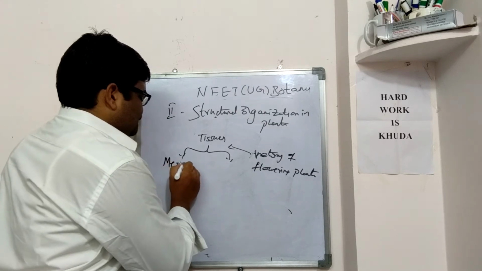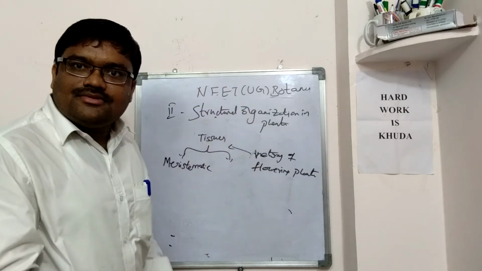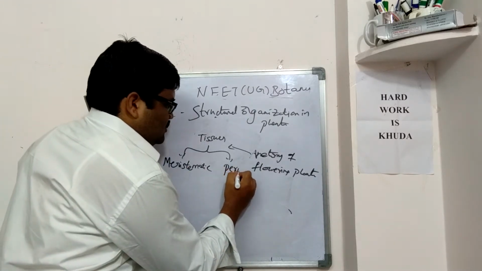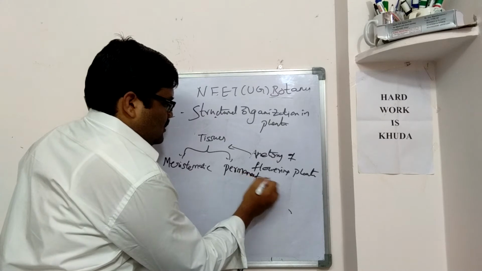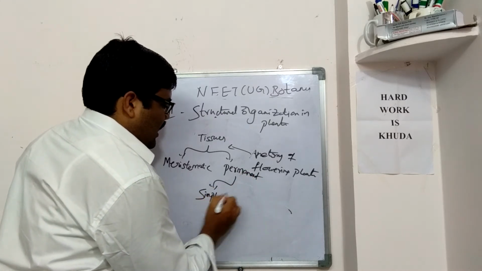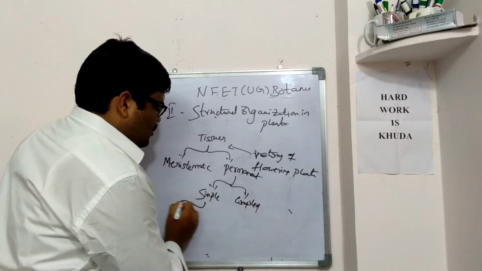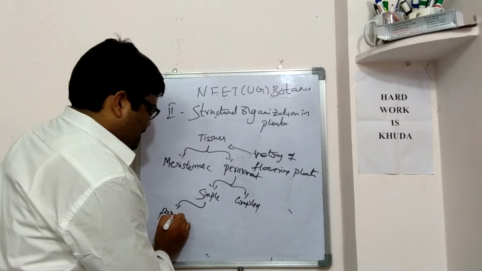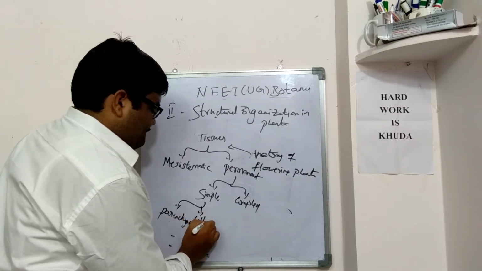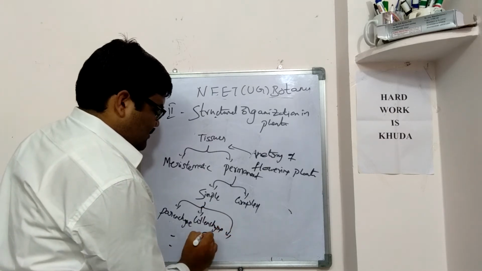Meristematic tissues, like apical meristems and lateral meristems. Then permanent tissues, again of two kinds, simple and complex. Simple, like parenchyma, collenchyma, and sclerenchyma.